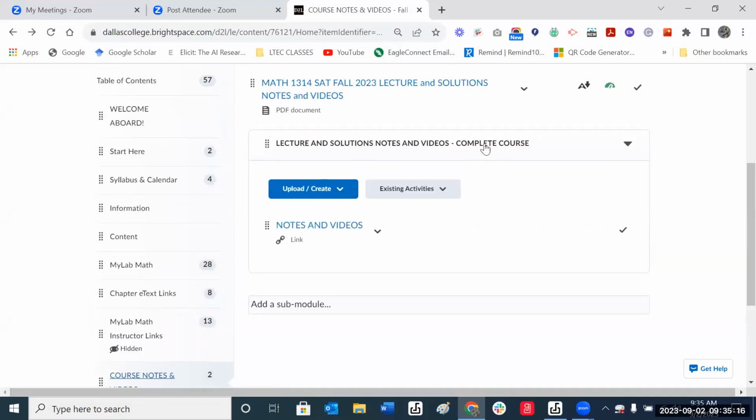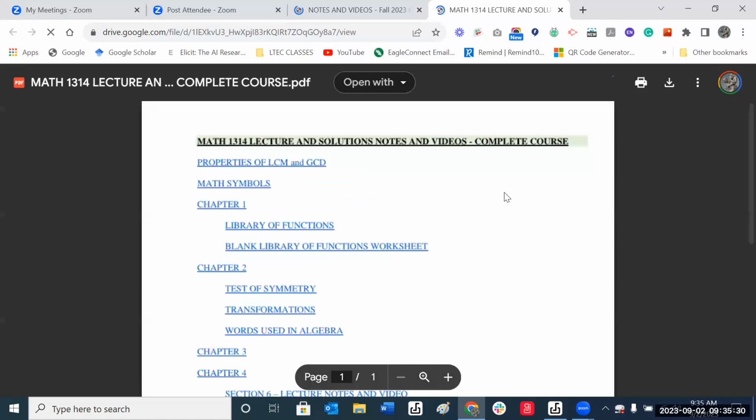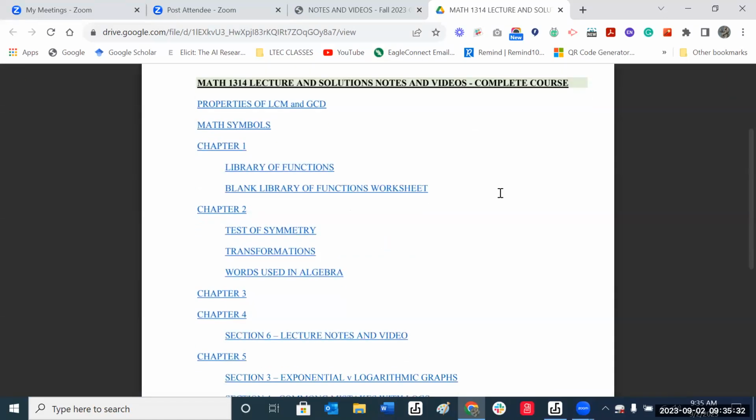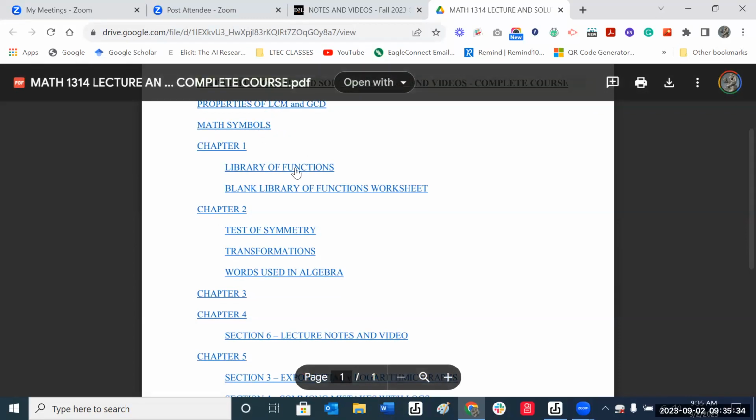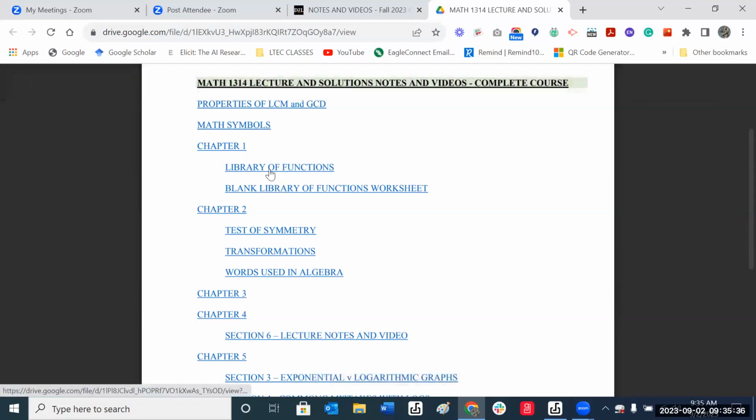And this is for the complete course. You click that, it'll take you straight to this sheet. Math symbols, library of functions, but this is what we're going to do next week. But chapter 1, yes.